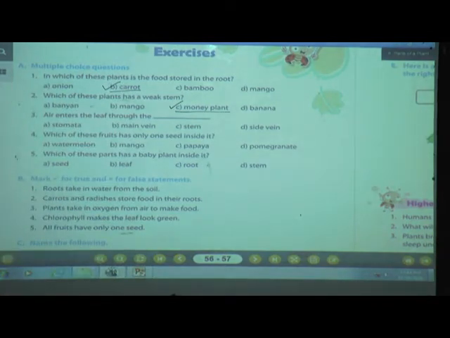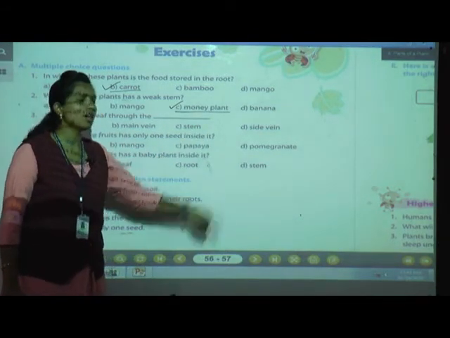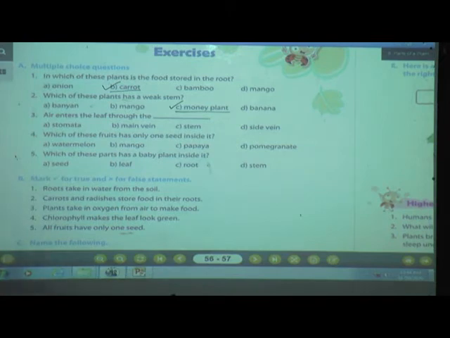Now the third question. Air enters the leaves through the, tell me, stomata, main vein, stem or side vein? Yes. How? See, the leaf has this main vein. Does air go through the main vein?